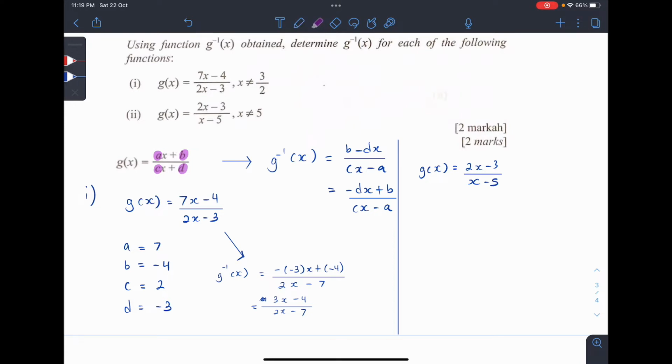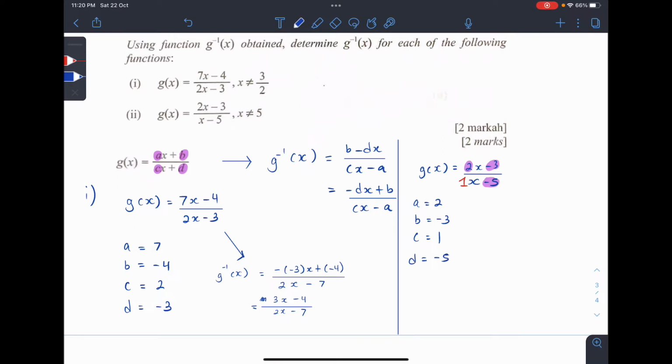Again, just have a look at the numbers. A is 2, B is negative 3, and C is there, but it's invisible. There's an invisible 1 all the time. So C is going to be 1, and D is going to be negative 5.